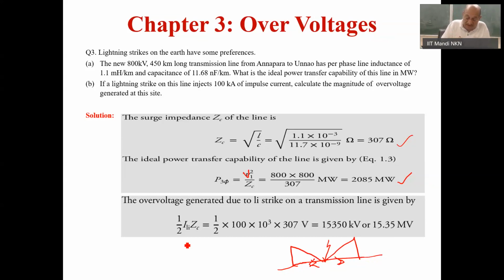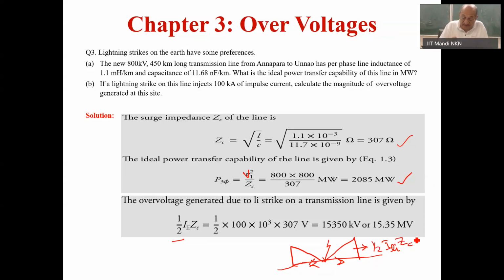So this is given as half Li, that means the current injected by lightning multiplied by Zc. That gives you the volts. So on both sides, half Li into Zc is the magnitude of overvoltage produced.